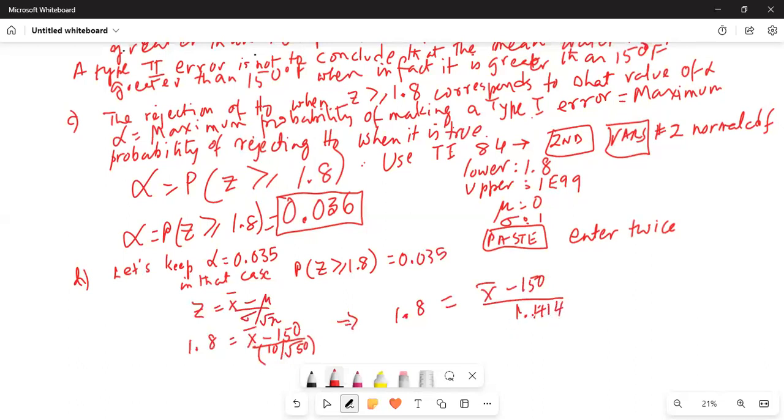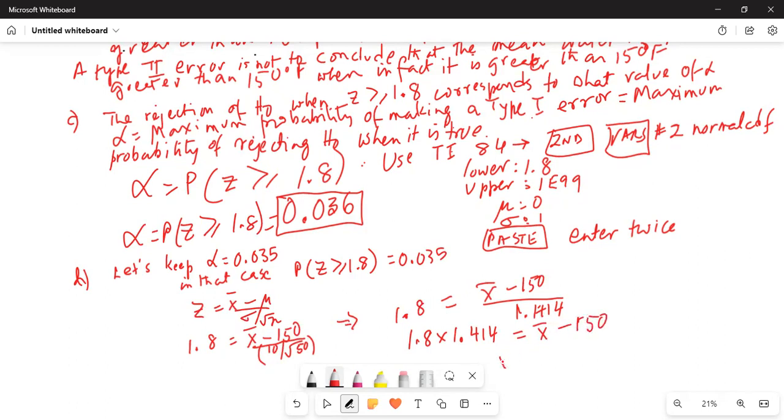Now we will multiply both sides by 1.414. So 1.8 times 1.414 is equal to x bar minus 150.